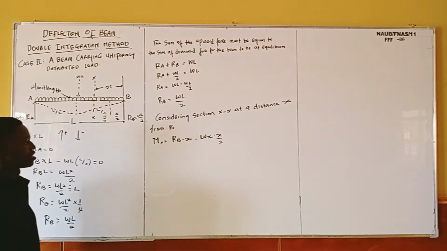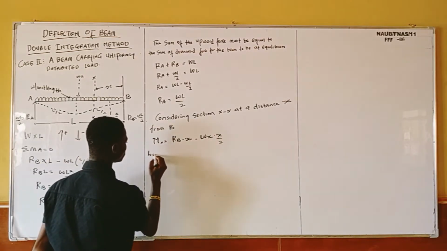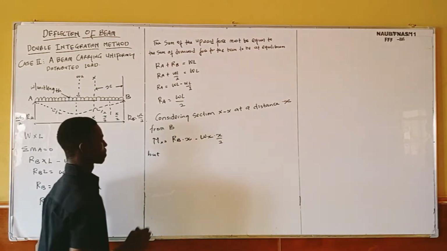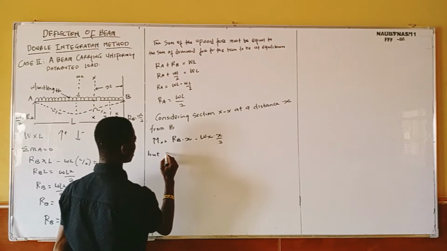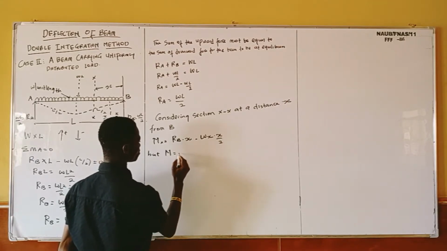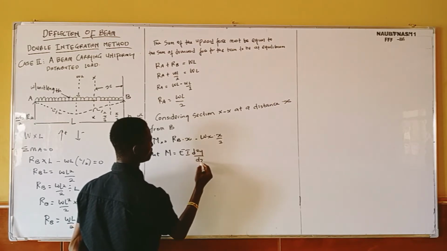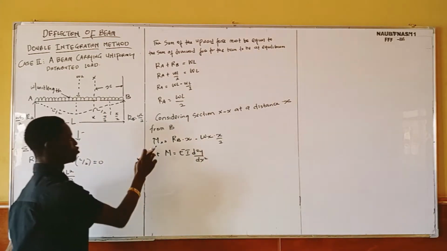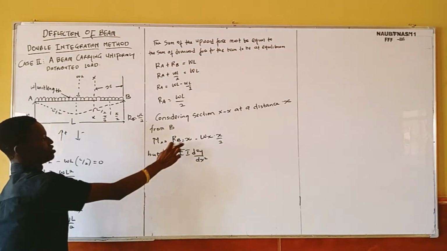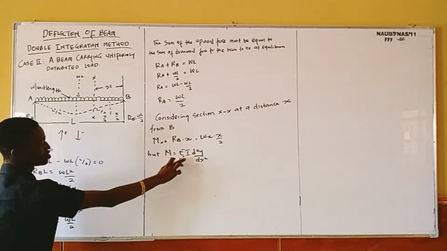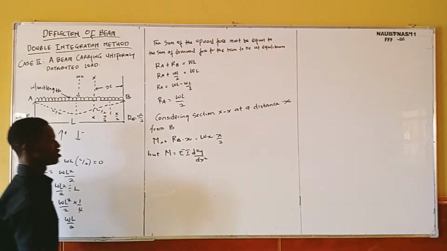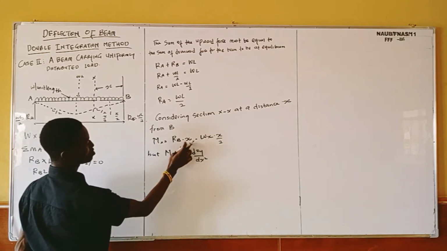But don't forget from our previous one, we have already proved that M equals EI d squared y over dx squared. Since the moment at this point is this one, and moment is also EI d squared y over dx squared, definitely this one is equal to this one.